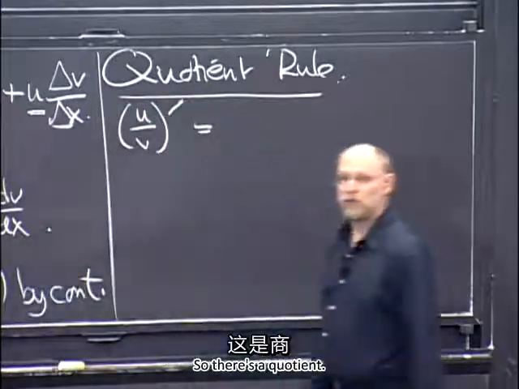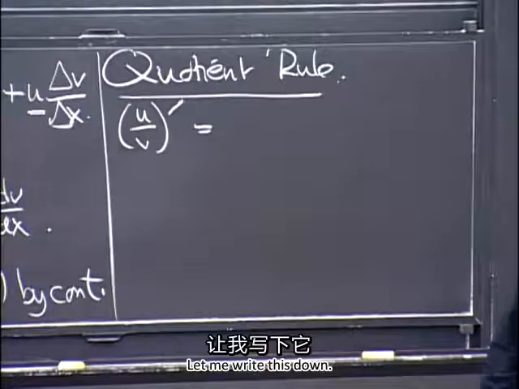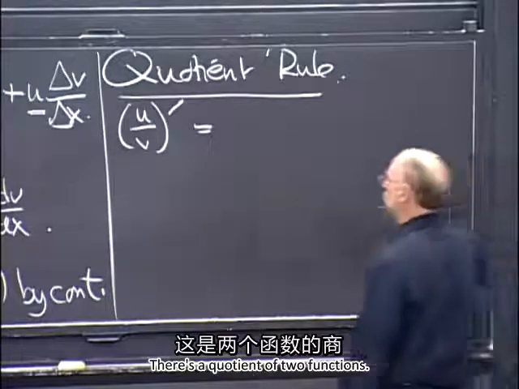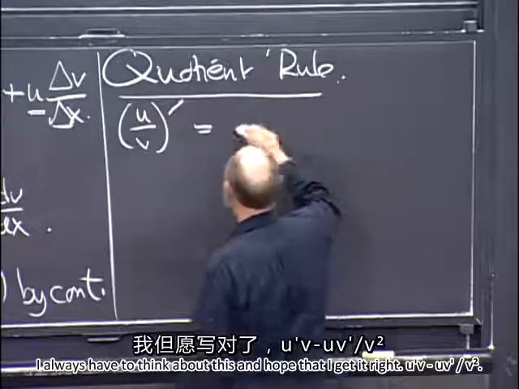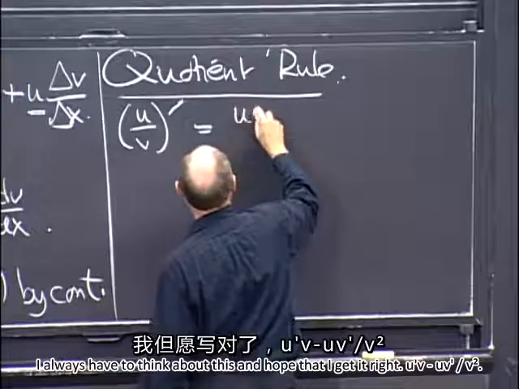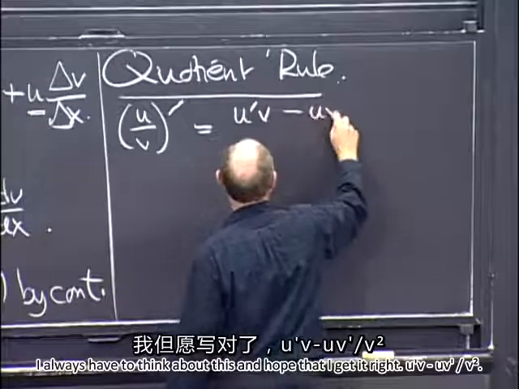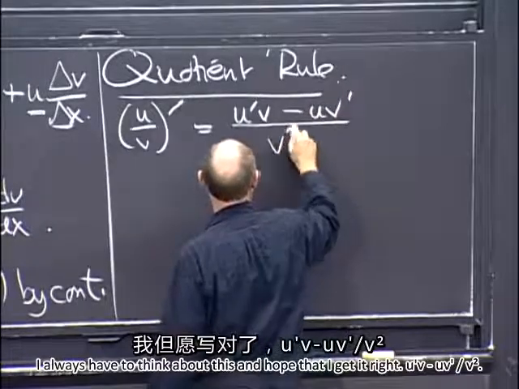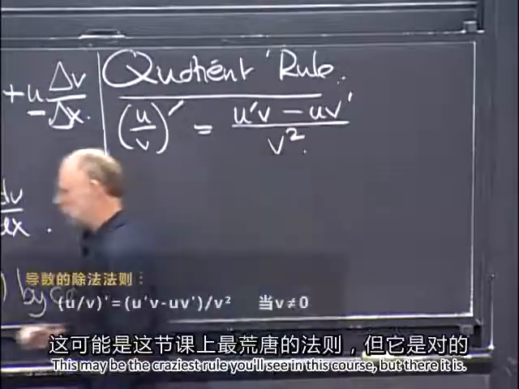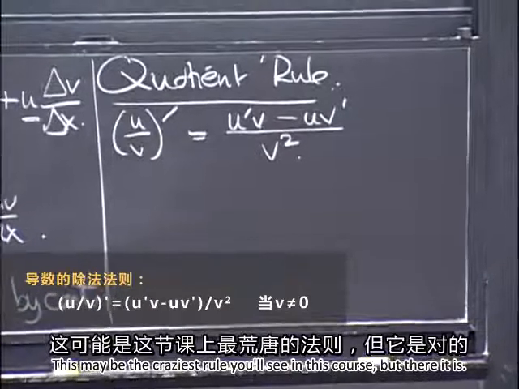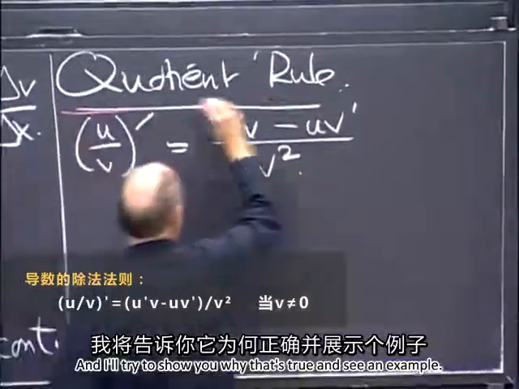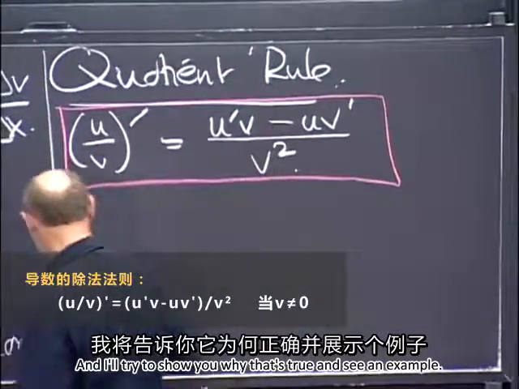So there's a quotient of two functions. And here's the rule for it, so I always have to think about this and hope that I get it right. u prime v minus u v prime divided by v squared. This may be the craziest rule you'll see in this course, but there it is. And I'll try to show you why it's true and see an example. Yeah, there was a hand.